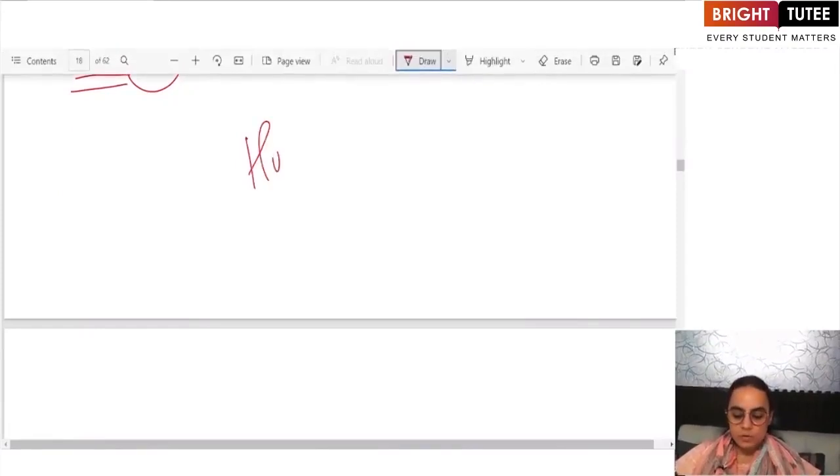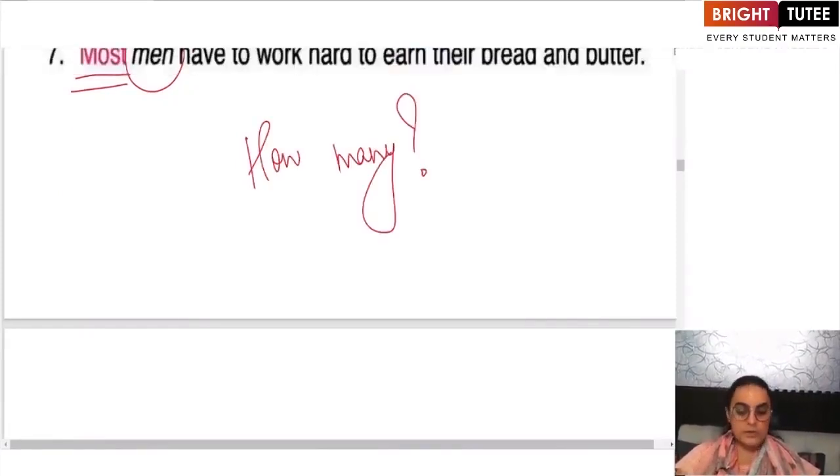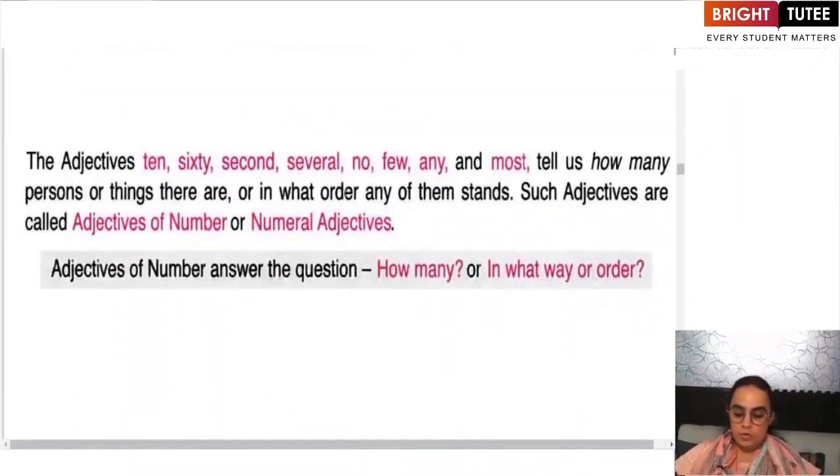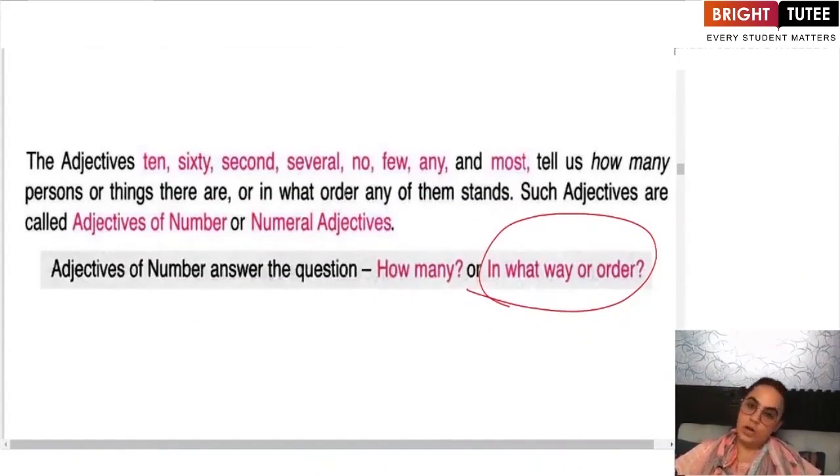And what is the question that they answer? They answer the question how many or in what order. If it is the order that it is representing, we ask the question in what order. Otherwise, we ask the question how many.